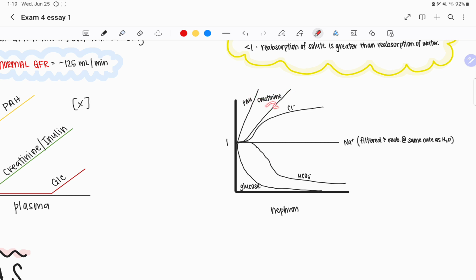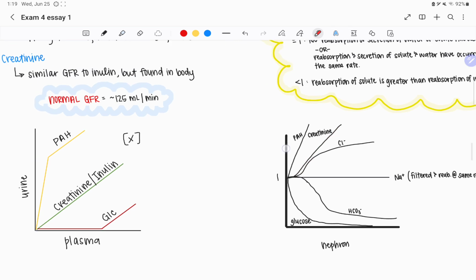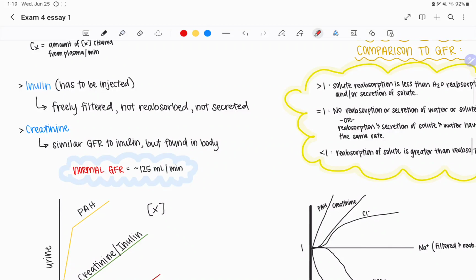Now, something that is being filtered but not secreted or reabsorbed, just plain filtered, we've got inulin and creatinine. Inulin is a substance that has to be injected, whereas creatinine is found naturally.